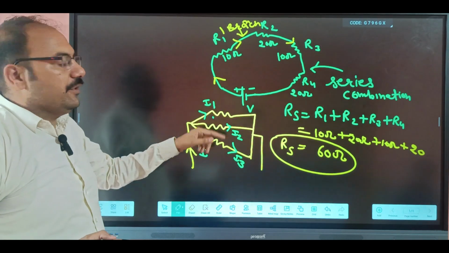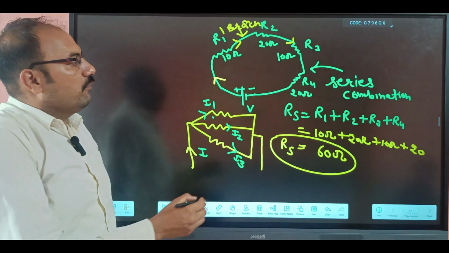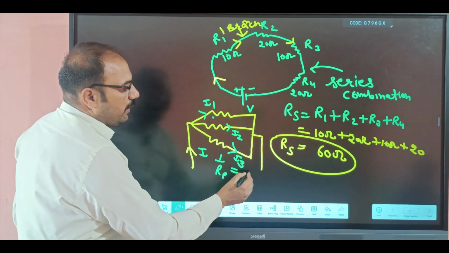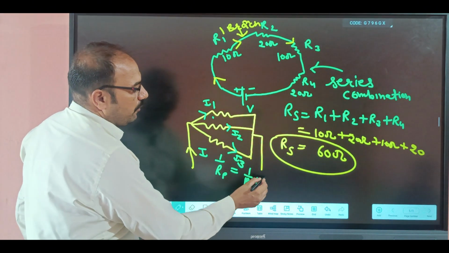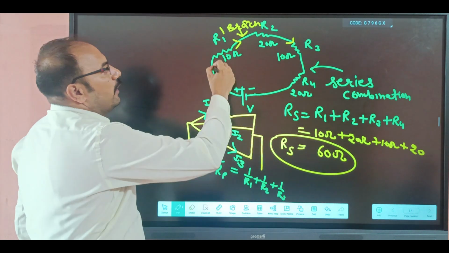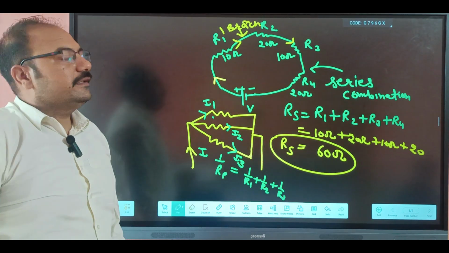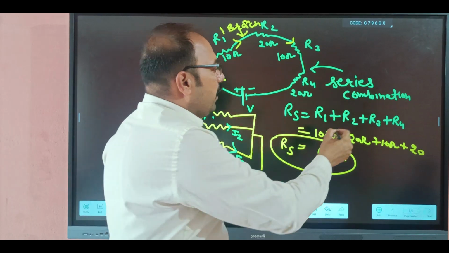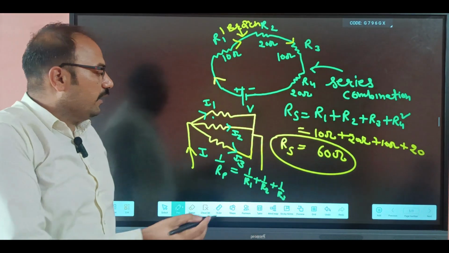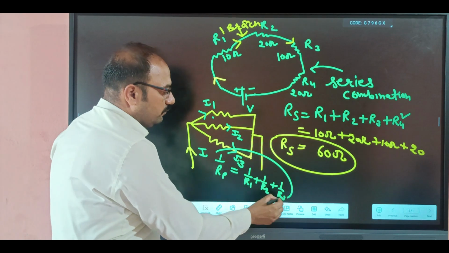That is why this is a parallel combination, and we apply the formula 1 by Rp is equal to 1 by R1 plus 1 by R2 plus 1 by R3. If there is only one path, it is a series combination and we apply the series formula. In yesterday's lecture, we already derived the parallel formula.